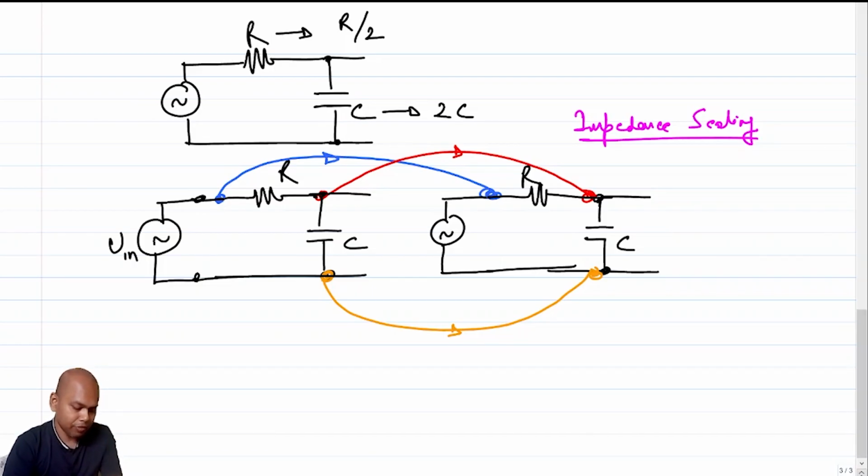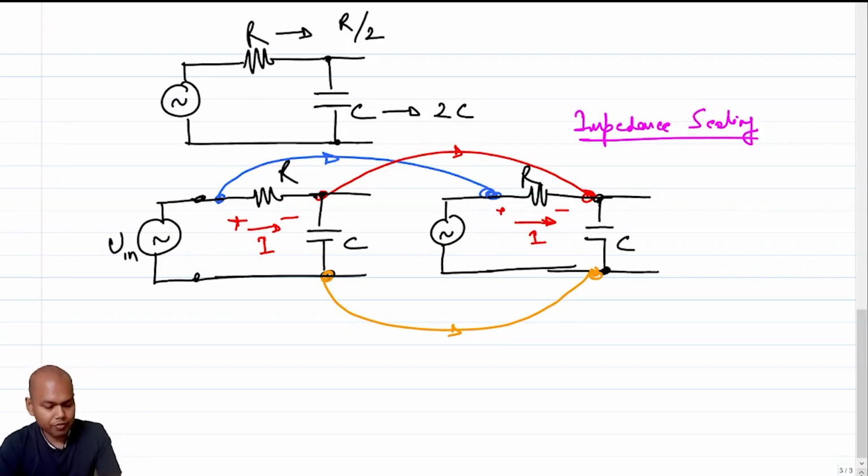The power you are drawing from the source is essentially the power that is getting dissipated across the R. If you had a single network, the power dissipated in the R would have been I squared times R. If this is I, so this is also I. So essentially the current that you are drawing from the source, or the power that you are dissipating in the R, is essentially doubled. So the penalty is that of power consumption.